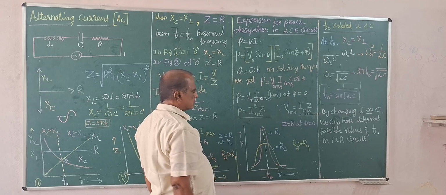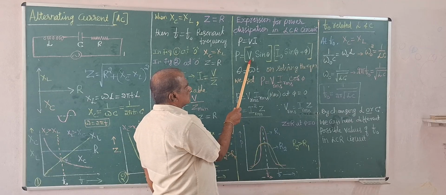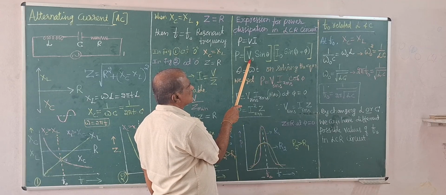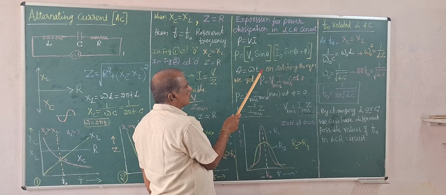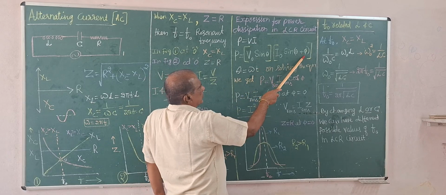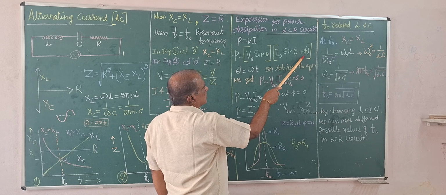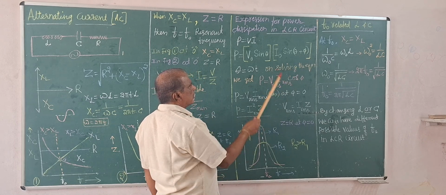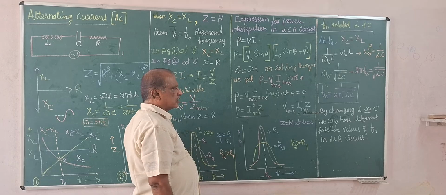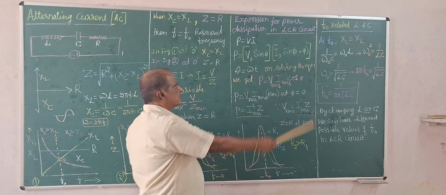The current has theta equal to omega t, and there is a phase difference between the current and voltage in the LCR. The phase difference is phi.